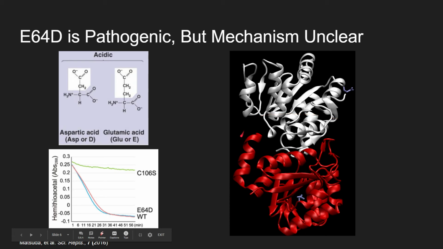And yet, when this mutation occurs, there's some kind of disease mechanism that's associated with it. So the paper that first reported this mutation did a molecular dynamics simulation on the surface of the homodimer and found that the electrostatics of the homodimer are impacted by this mutation. So maybe something's going on where DJ1 isn't able to bind to other proteins, so it can still do its function, but it's not being told where to go.